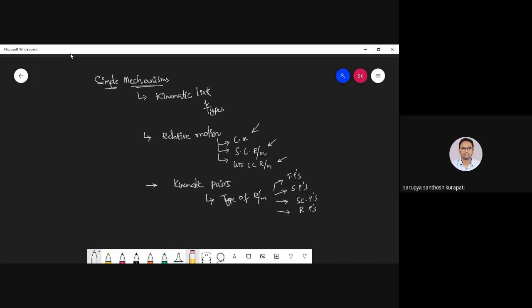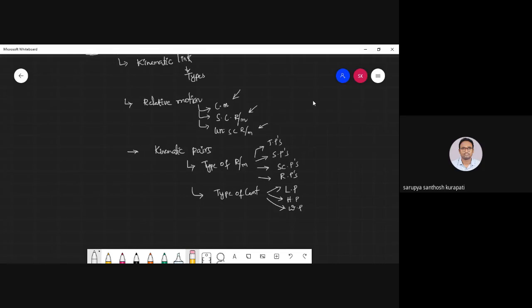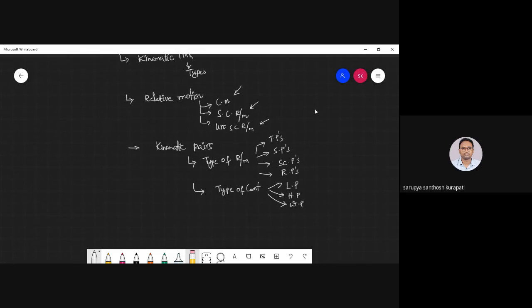In the next category, according to the type of contact, we discussed three: the first is lower pair, next is higher pair, and next is wrapping pair. Wrapping pair comes under the higher pair category only.